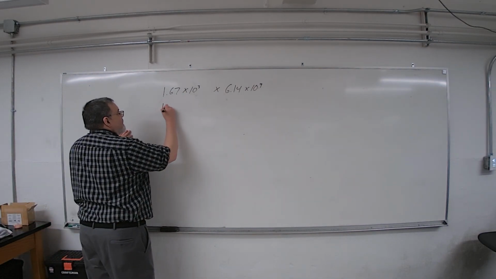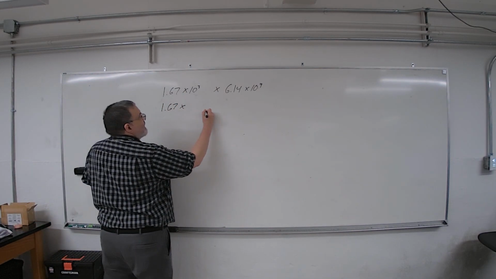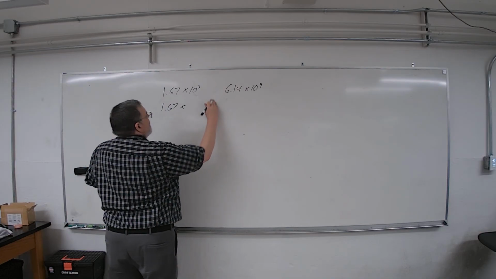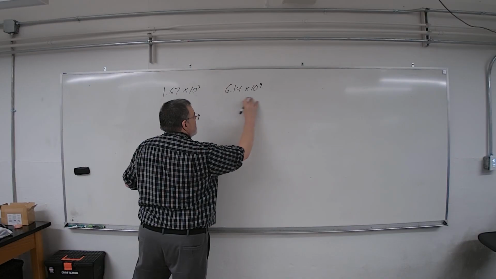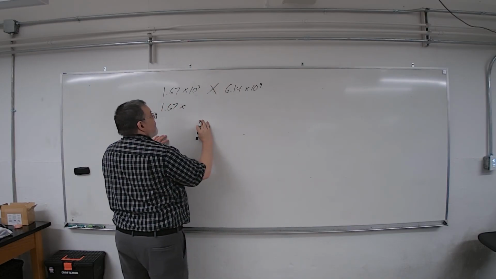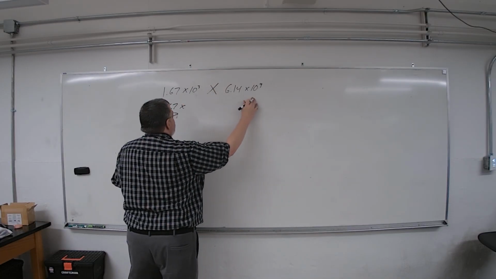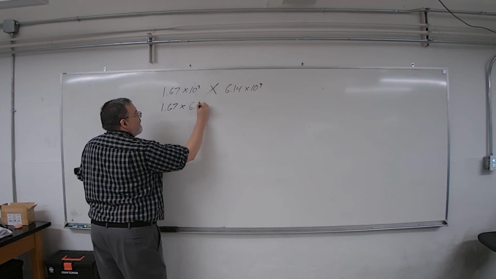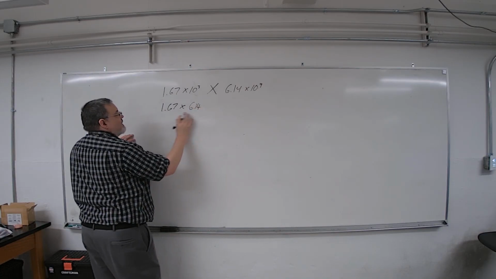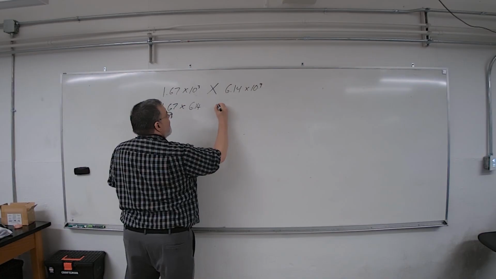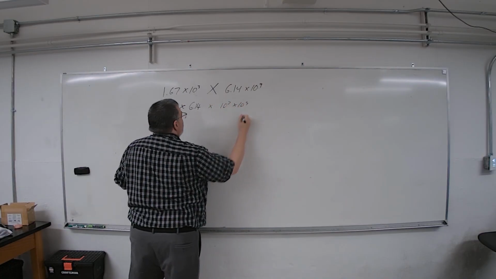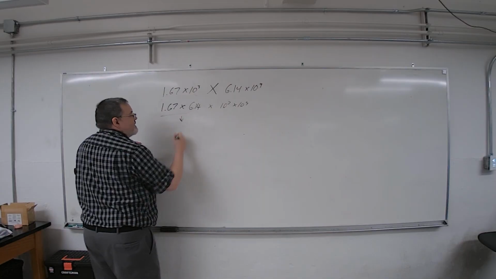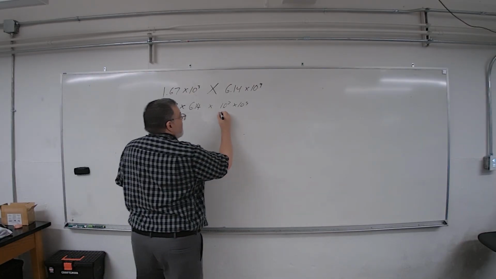So I can rearrange this as 1.67 times, there's this in scientific notation, there's this in scientific notation, and I'm saying you multiply them together. So it's this times this times this times this. I take the non-powers of 10 here, and then 10 to the 3 times 10 to the 9, and then this I can easily do in my calculator.